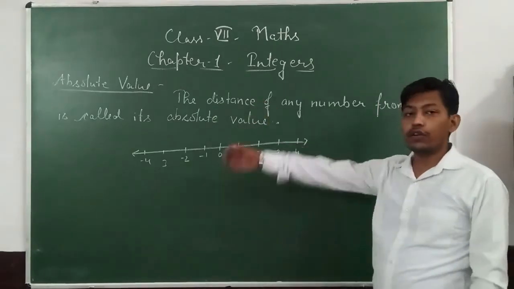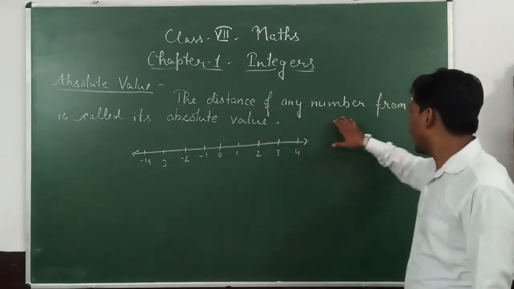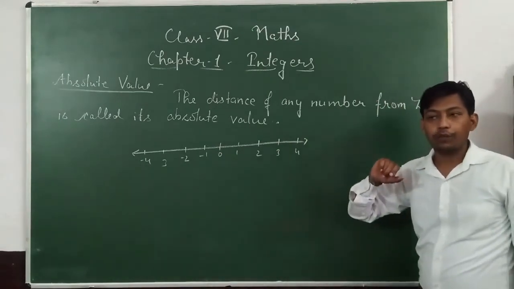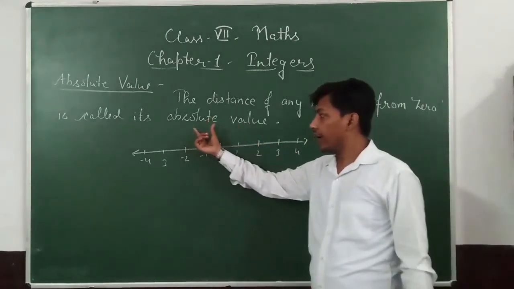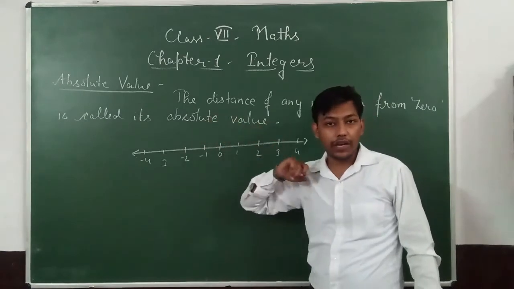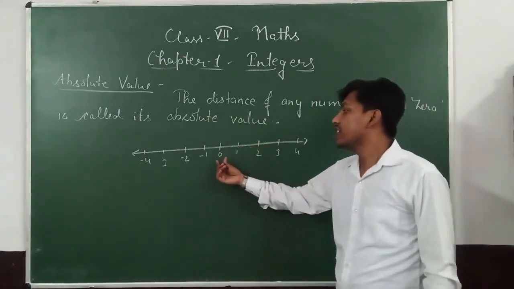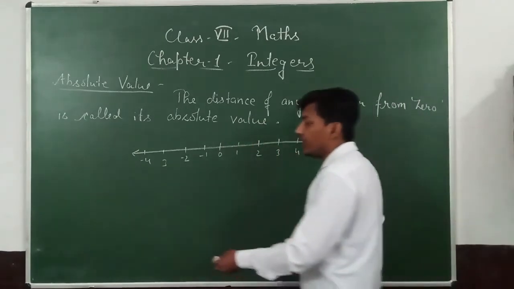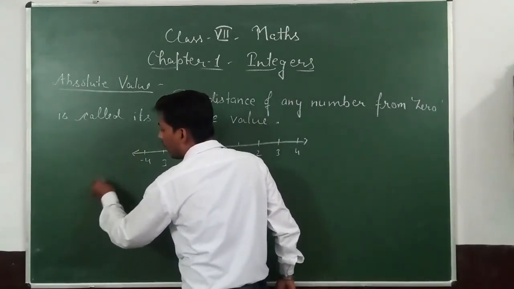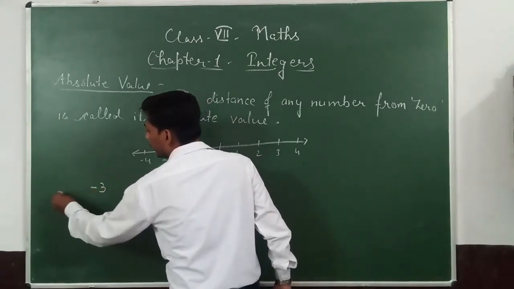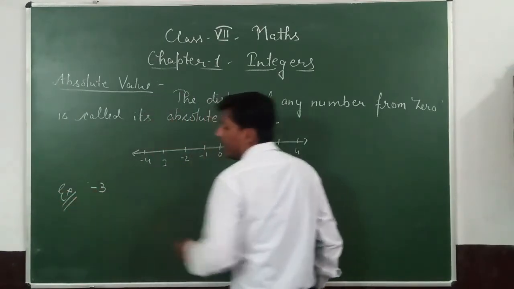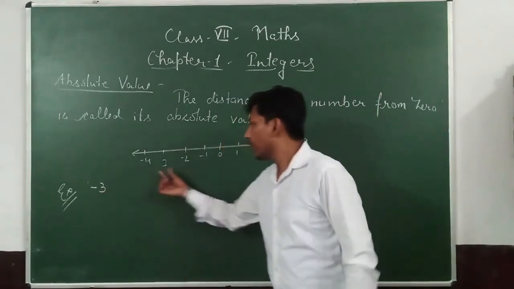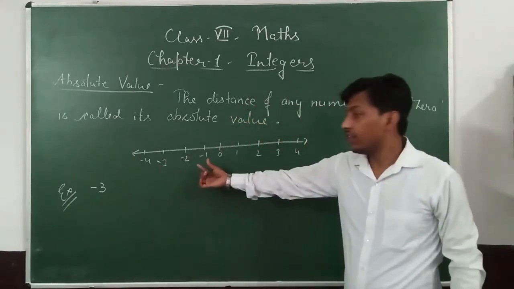What is absolute value? The distance of any number from 0 is called its absolute value. That means to find the absolute value of any number, we find the distance of that number from 0. Let's find the absolute value of -3. -3 is on the left side of 0.